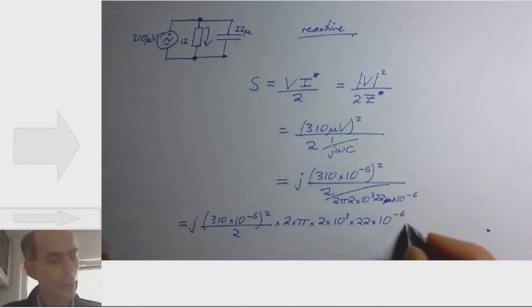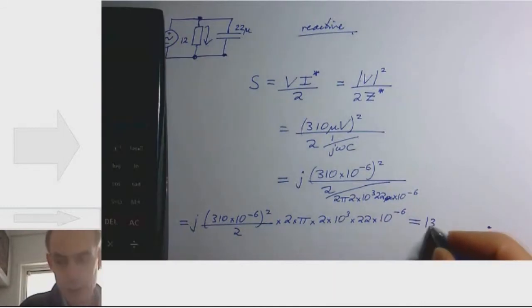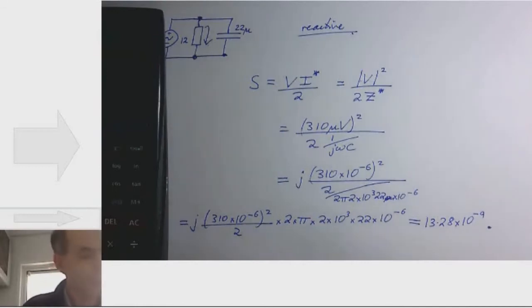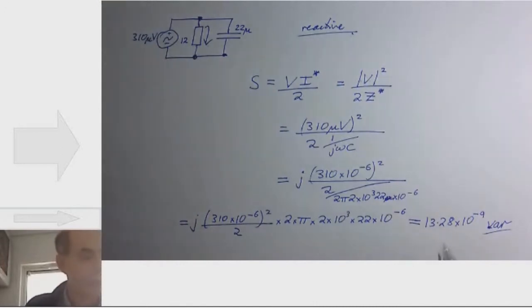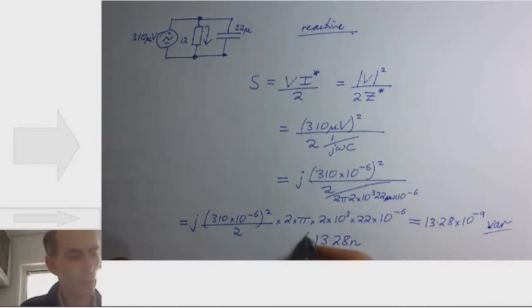And if I get out a calculator and chuck all of that into it, then the answer that I get should be 13.28 times 10 to the minus 9. And I would use the units VAR here, because it's a reactive power. But all I'd have to enter into the quiz app to get the answer is 13.28 times 10 to the minus 9, or you could just write that as 13.28 n for nano, and the quiz app will know what you mean.